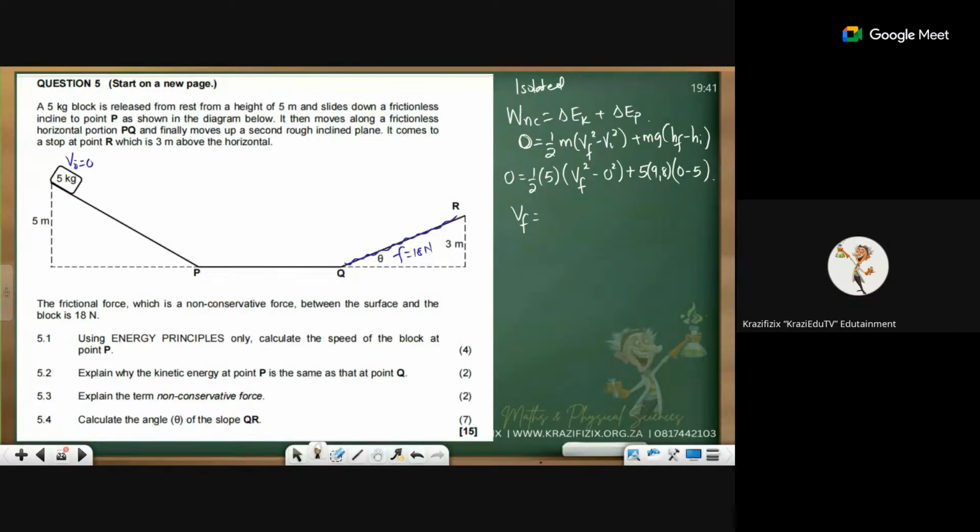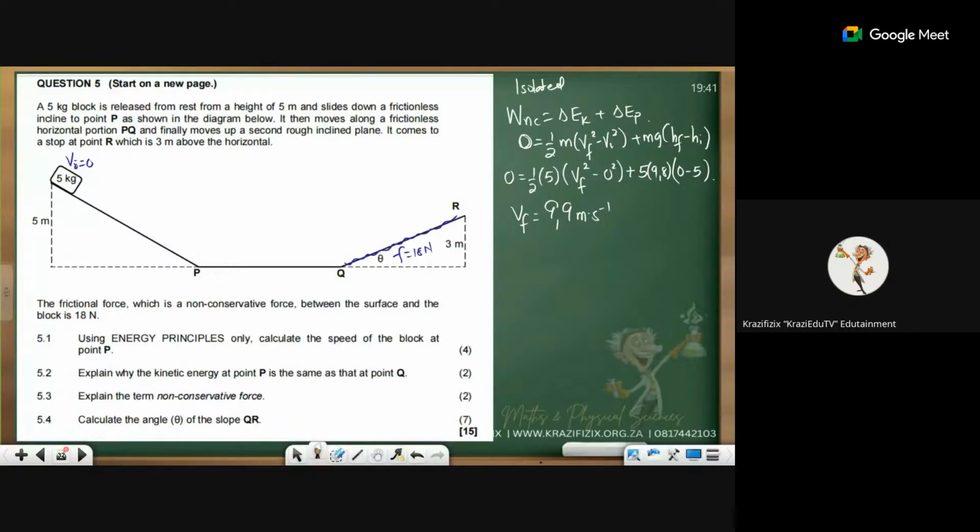Just remember, if it's isolated, the work done by non-conservative forces is 0. We good? Answer? Use your calculator. Get me an answer now. 9.9 meters per second.